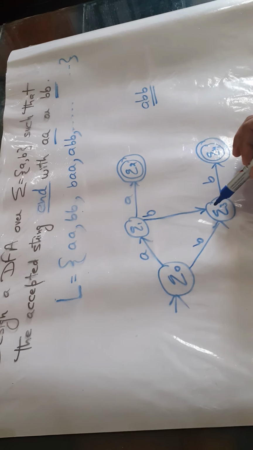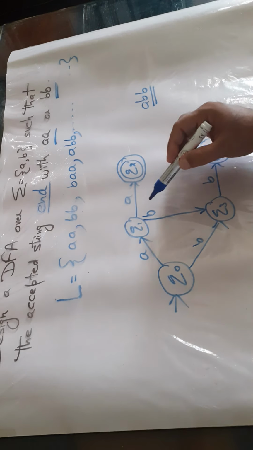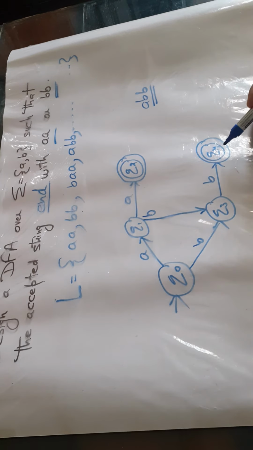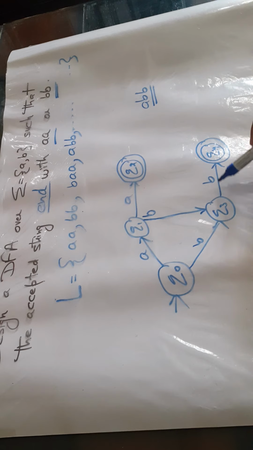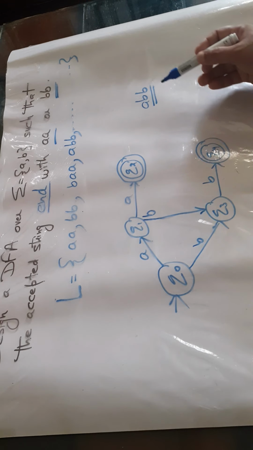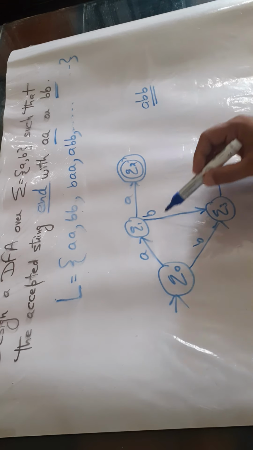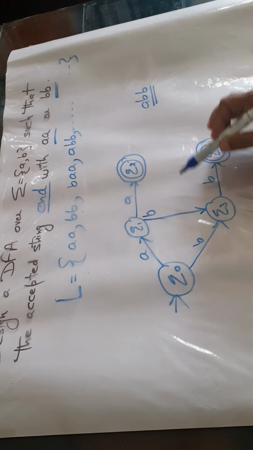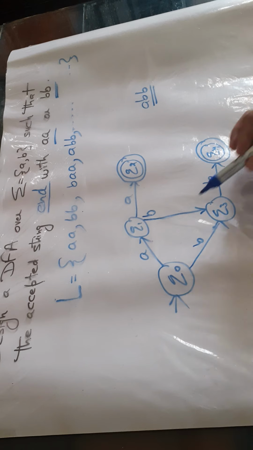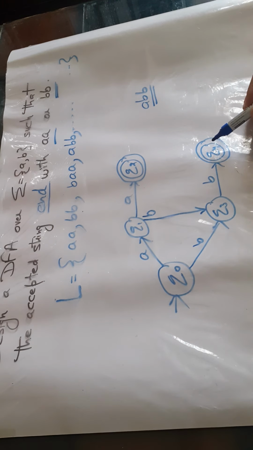So we can switch from one branch to another branch. After A, if B comes here, we need another B to get the condition satisfied. That's why we are moving from one branch of the diagram to another. So after A, B, B is going to be accepted.